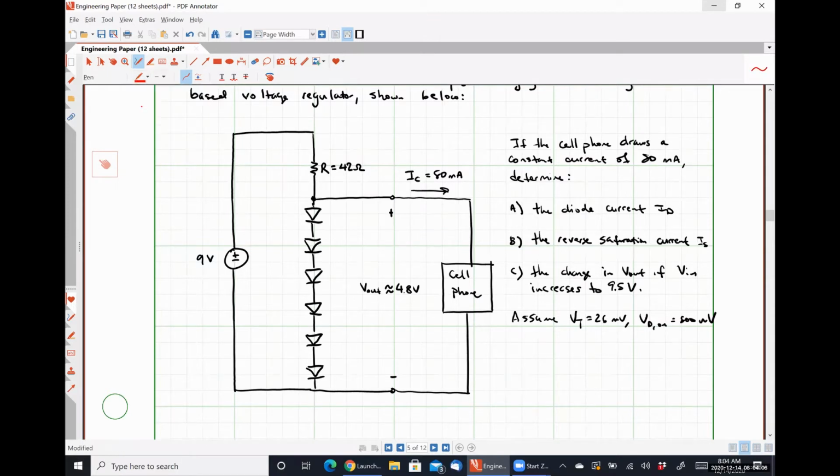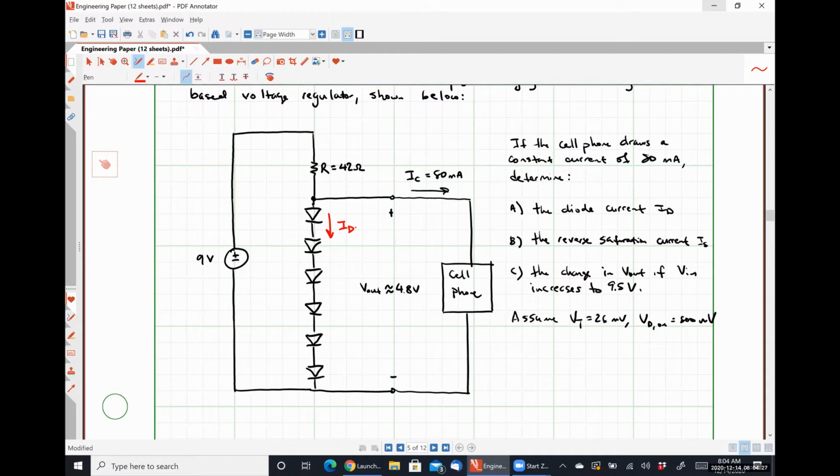So obviously I'm interested in the diode current, ID, and I would argue that I could find ID if I knew how much current was flowing through my 42 ohm resistor and then used Kirchhoff's current law.